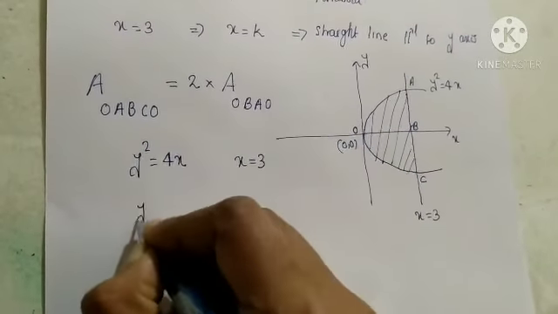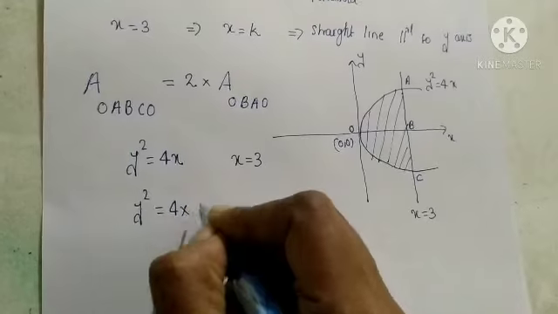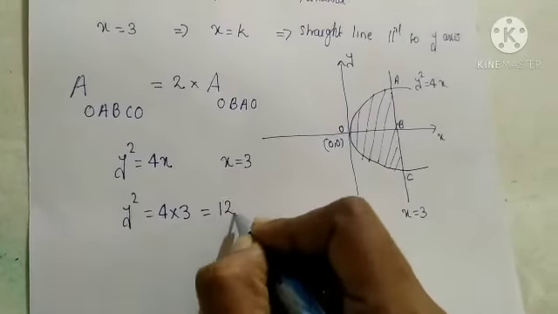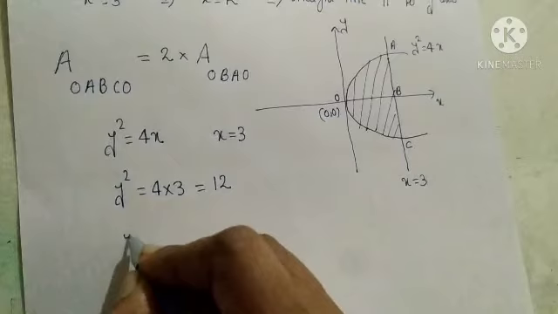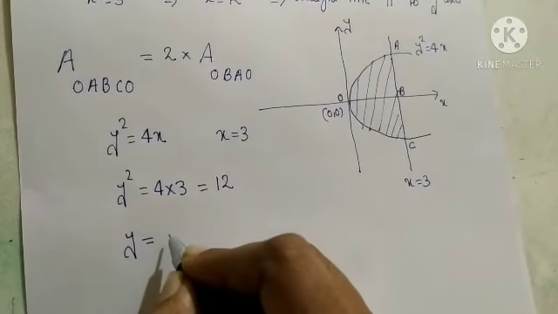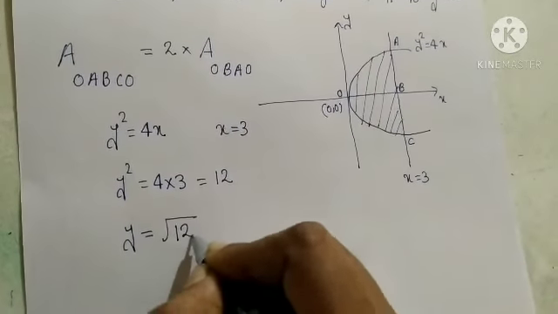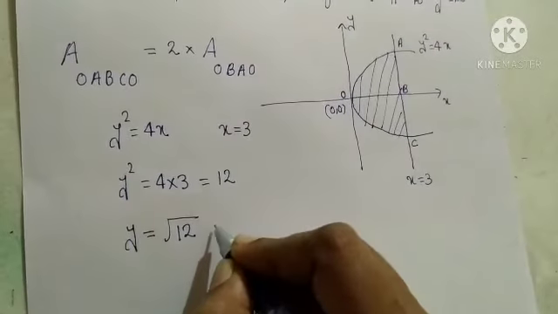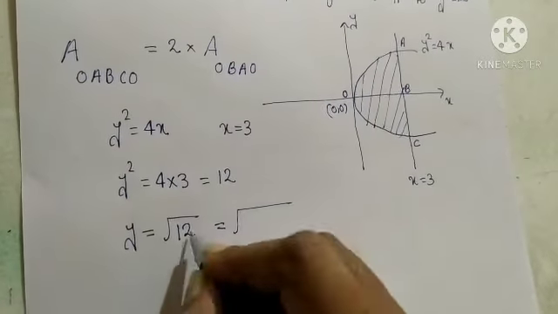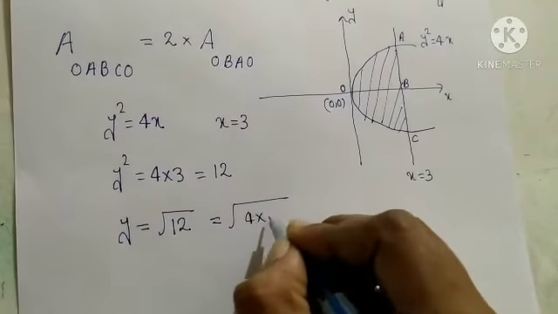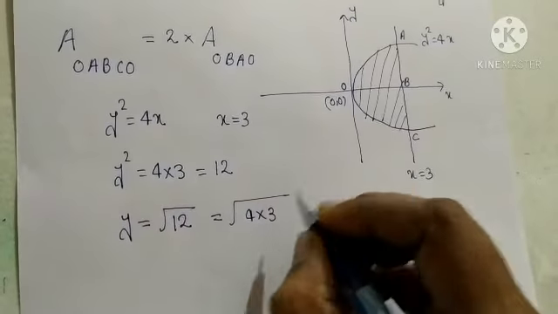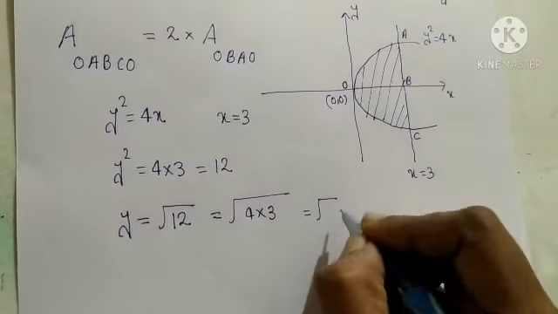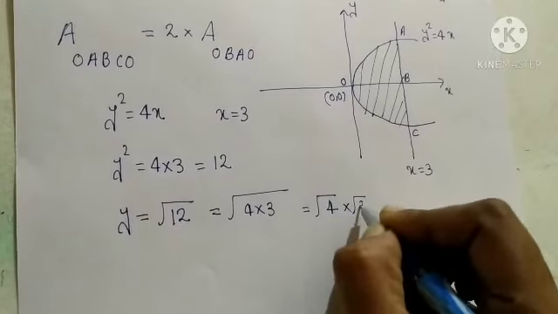So here we get y square equal to 4 into, replacing this x by 3, 12. y square equal to 12, and from this we get y equal to root 12. Root 12 can be written as root of 4 into 3, which splits into root 4 into root 3.